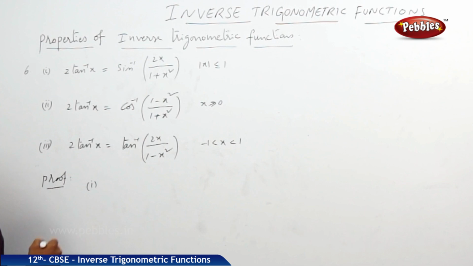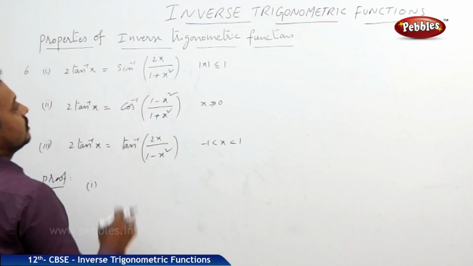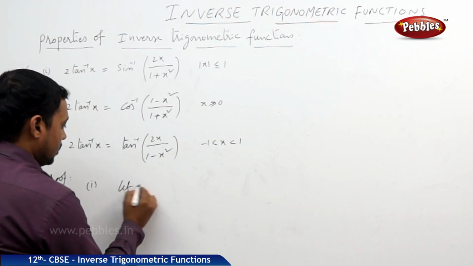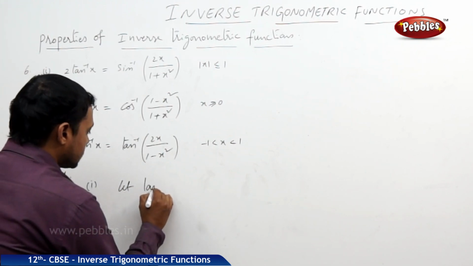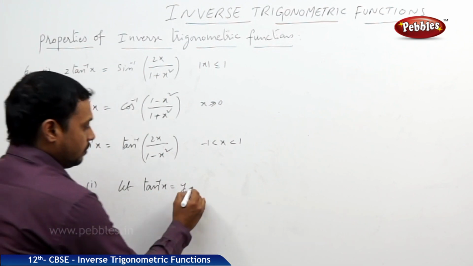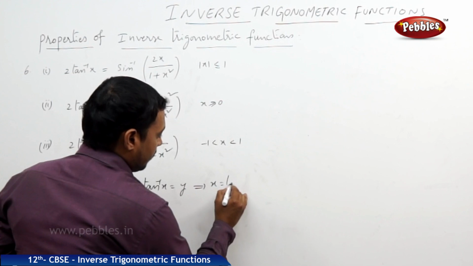First one, 2 tan inverse x is equal to sin inverse of 2x by (1 plus x square). To prove that, let us take tan inverse x is equal to y, which implies x is equal to tan y.